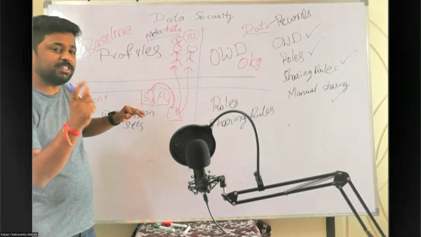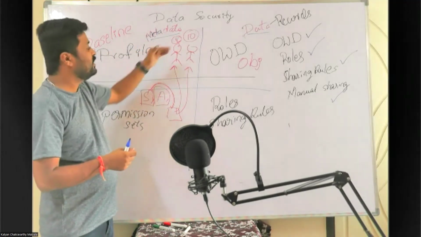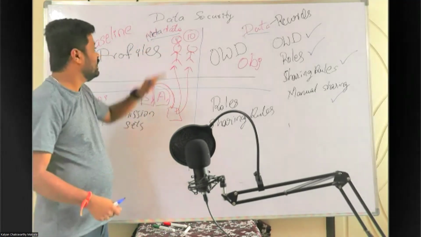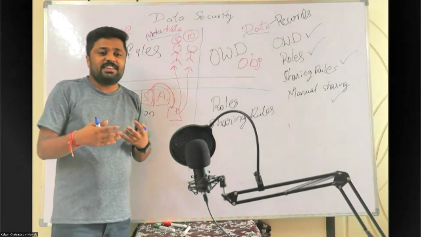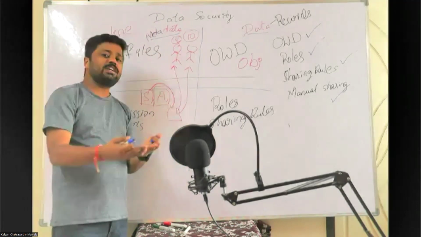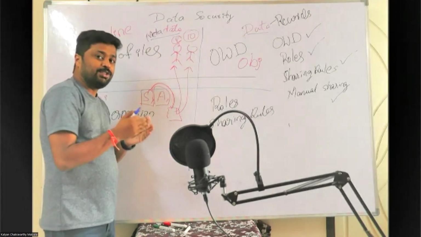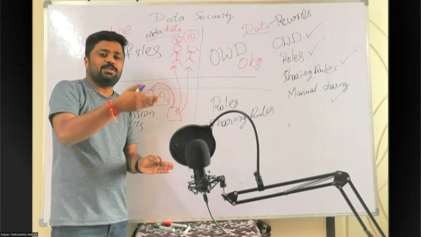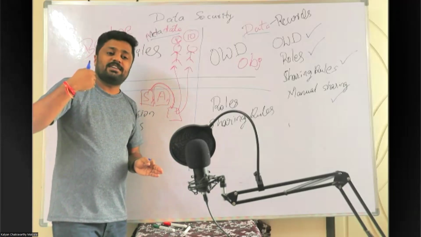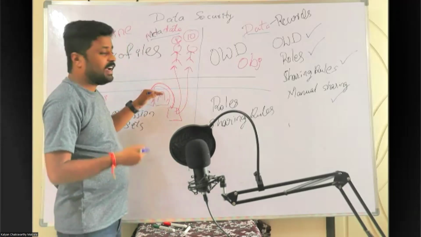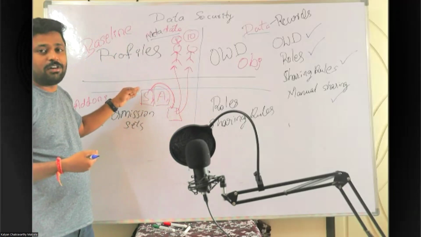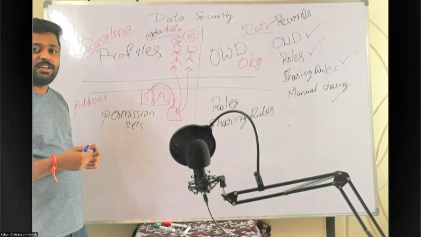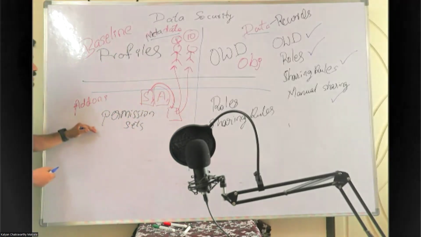You can't change the profile, right? If you go and change the profile, what happens? He will lose a few things which are related to the trainers. So he should have the trainer profile, and apart from that, as an add-on, he should have permissions such as admissions or employees. That is the permission set.